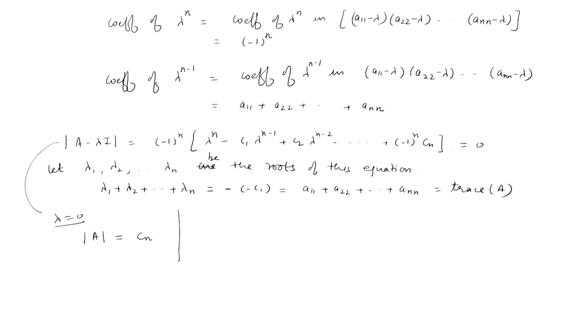Now, if you find the product of roots for this equation, the product of roots lambda 1, lambda 2 up to lambda n is simply equal to, you see, minus 1 raised to power degree of equation, last term upon first term, which is nothing but Cn upon minus 1 raised to power n, and that is simply equal to determinant of A. So, this implies the product of eigenvalues is nothing but determinant of A.